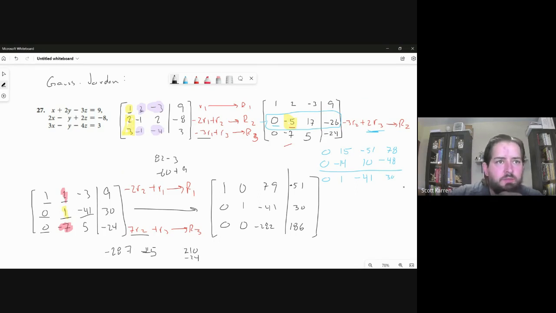Yeah, I've messed up somewhere because they should be nice values. So maybe you can spot it, maybe you can't. But there is a mess up at some point. And it's easy to do because there's a lot of arithmetic happening all in one go. I don't immediately see it though.